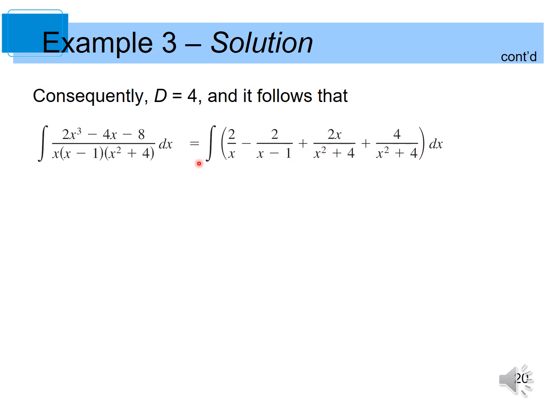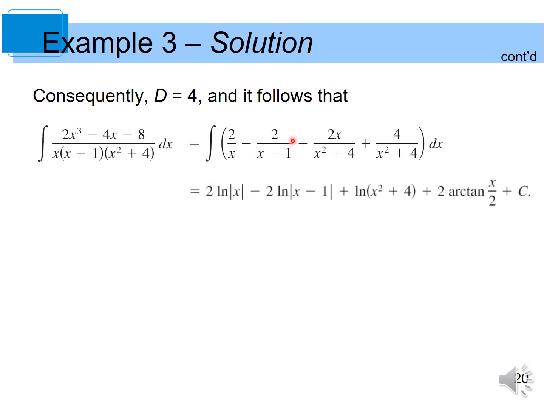We can straight away integrate them. So for the first term, we integrate 2 over x with respect to x. The 2 is a constant, so we factorize out the 2 and just integrate 1 over x, which is natural log of x.